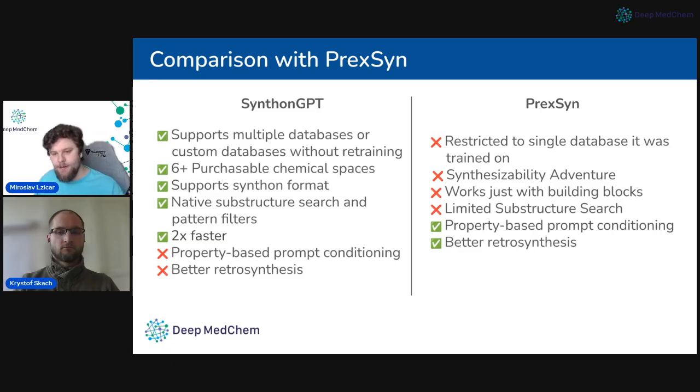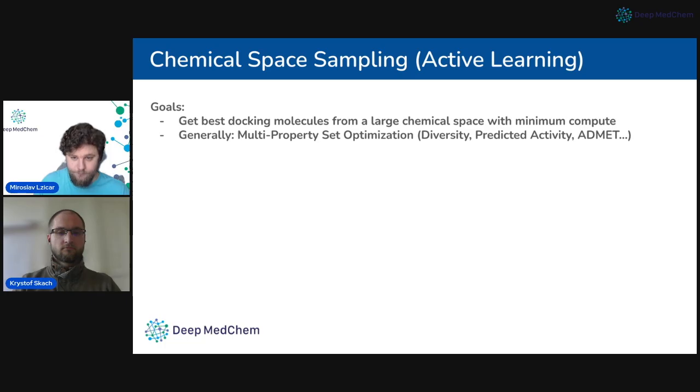But as I said, in SynthonGPT, we can guarantee that the molecules are orderable from these vendor virtual libraries, whereas Prexin has a custom version of a database which isn't orderable anywhere, and you would need to still figure out how to synthesize the molecules.